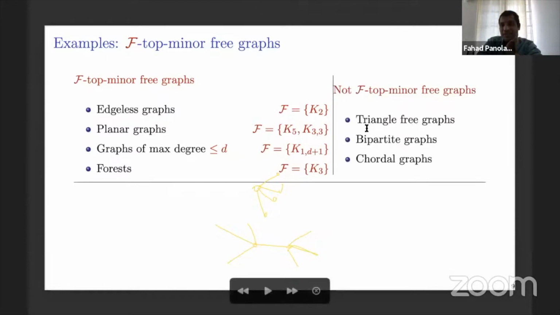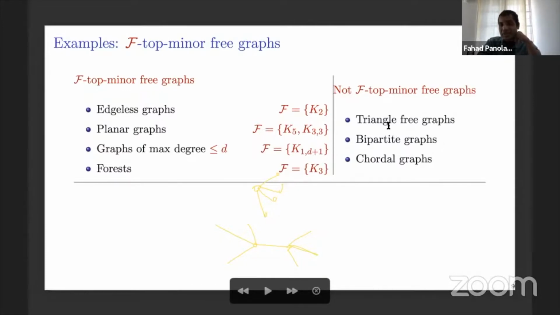But these graph classes, say triangle free, bipartite graphs, chordal graphs, they are not F topological minor free. Okay, so whatever I have said before, you just take a C4, by contracting, you will get a triangle. Similarly, take an even cycle, contract, you will get an odd cycle. And because of that, these graph classes are not F topological minor free.